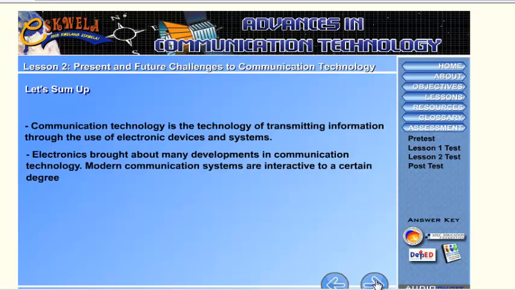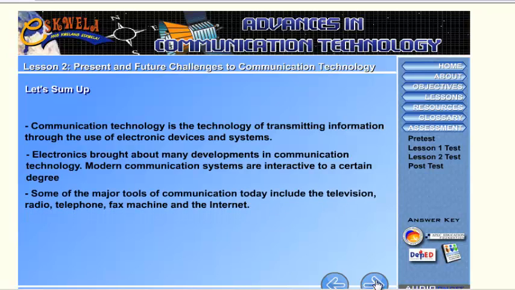Electronics brought about many developments in communication technology. Modern communication systems are interactive to a certain degree. Some of the major tools of communication today include the television, radio, telephone, fax machine, and the internet.